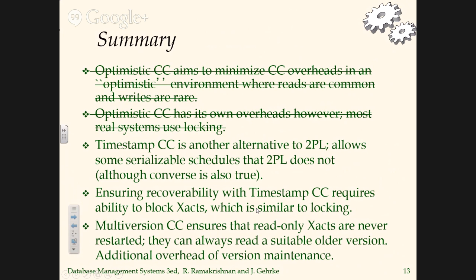And then I talked about multi-version concurrency control, which ensures that read-only transactions are never restarted. They can always read the suitable older versions, though you might have to block to wait until commit. And there is some overhead, of course, of version maintenance because you keep around many versions.